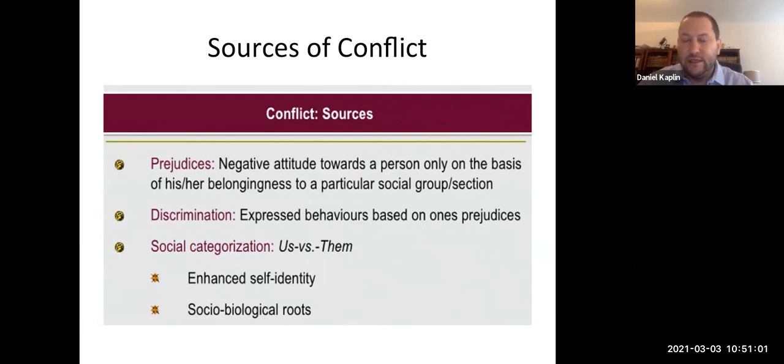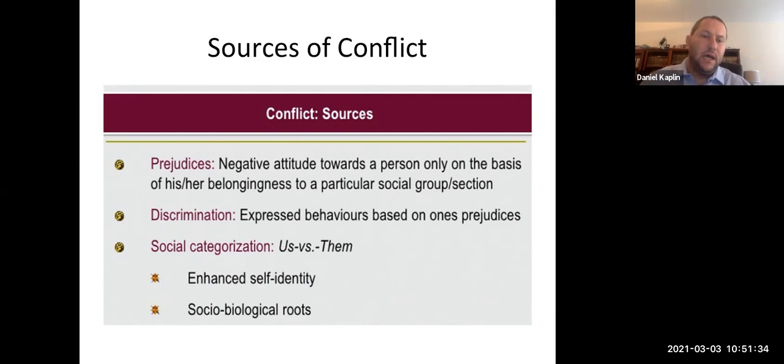Now, prejudice and racism are not always the same thing, but a prejudice is just a negative attitude towards an individual based on their belongingness to a particular group or section of society. So prejudice is your attitude, discrimination is your behavior, right? And so discrimination would be treating people differently based on your prejudice.